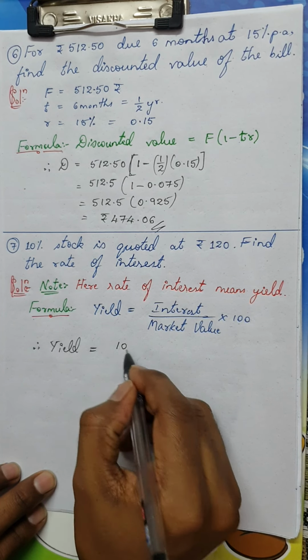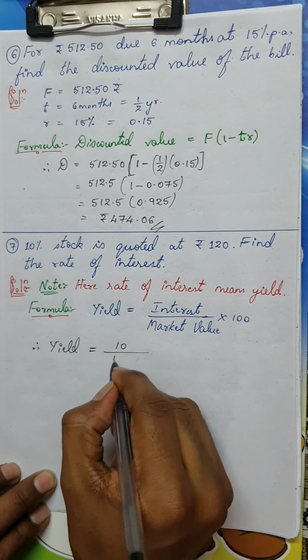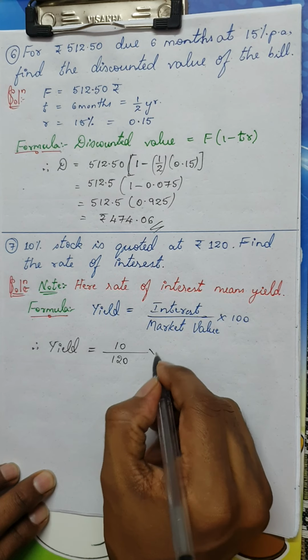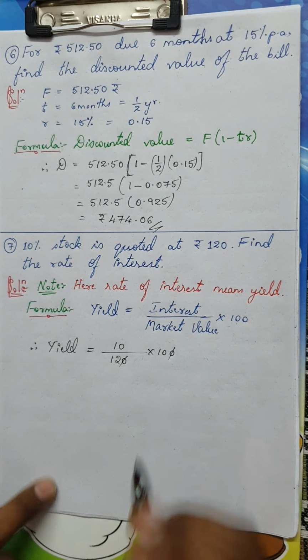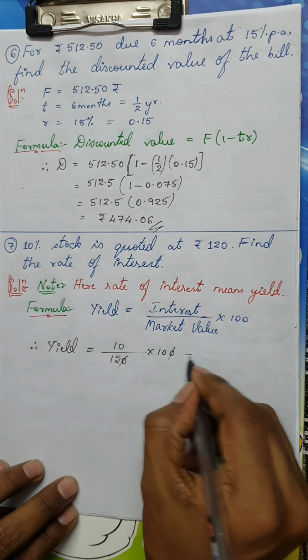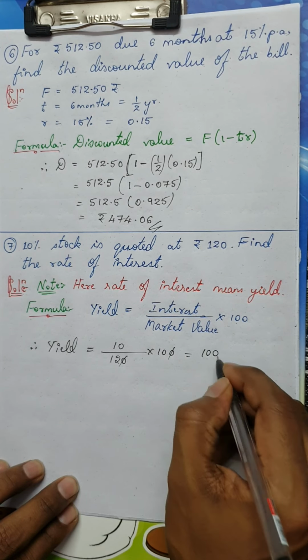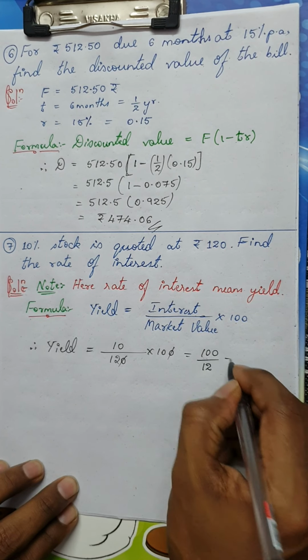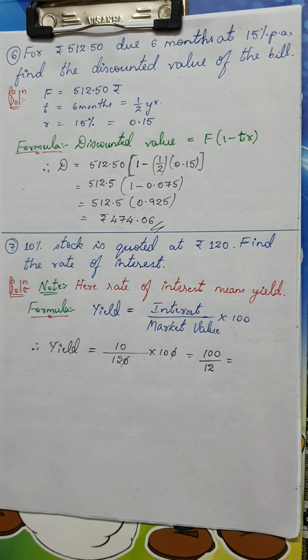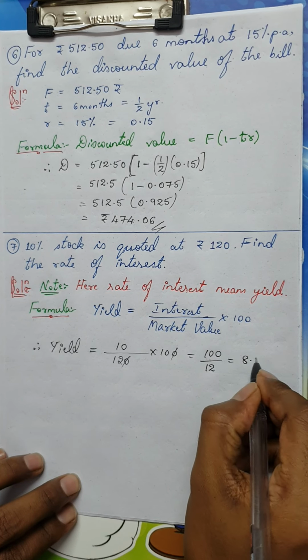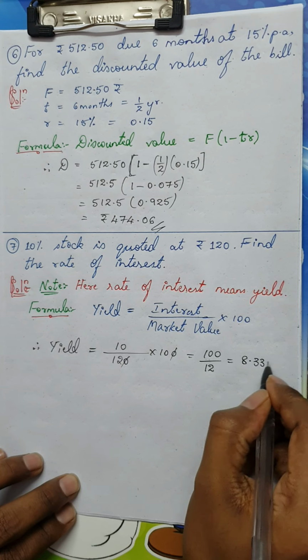It is 10%, so it is 10 divided by market value 120 into 100. Is it clear? You can cancel this 0 and 0. You will get 10 into 10, which is 100 divided by 12. You can use your calculator. It is nothing but 8.33%.